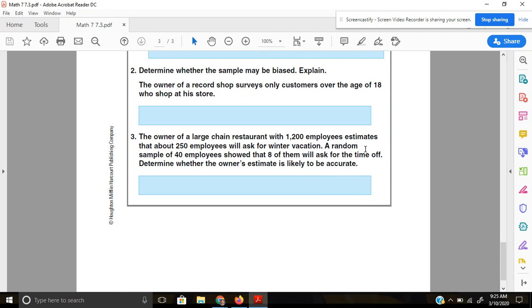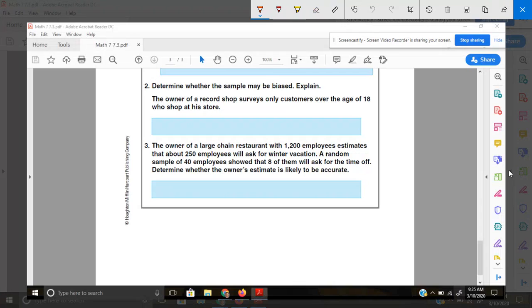Number 2 says determine whether the sample may be biased and explain. The owner of a record shop surveys only customers over the age of 18 who shop at his store.